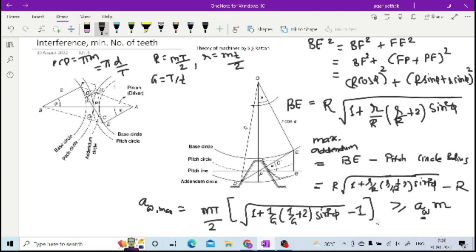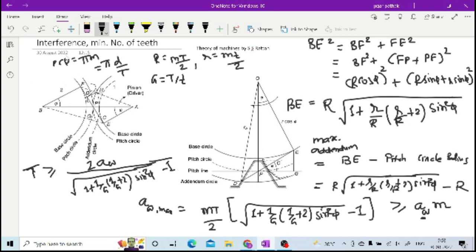If you go for further simplification, you can get your minimum number of teeth. T must be greater than or equal to 2A_W divided by (square root of 1 plus 1 by G times (1 by G plus 2 sine square phi), minus 1), right? So this is how you can get the minimum number of teeth on your gear.